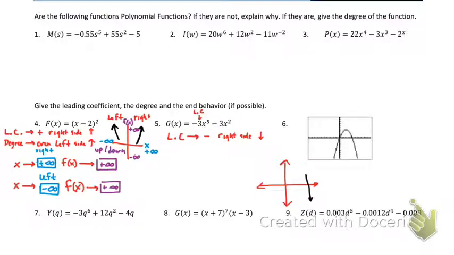Okay? Now, once we have the leading coefficient, we want the degree. And the degree is the highest power. Okay, so since my equation's in standard form, okay, in number 8 we have it in factored form, which does a little bit different when we find the degree, and I'll show you what I mean by that.